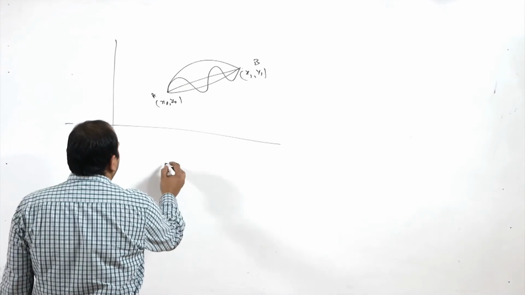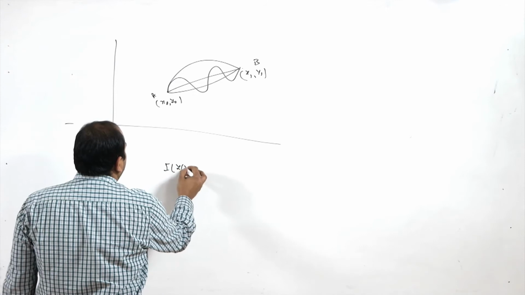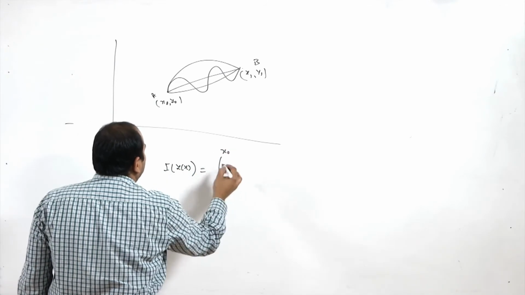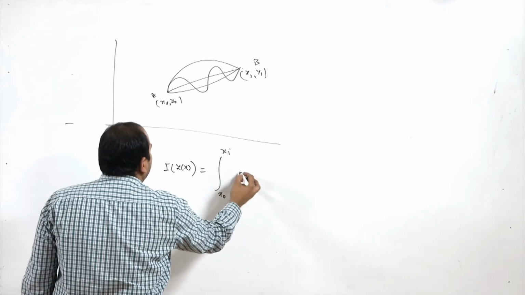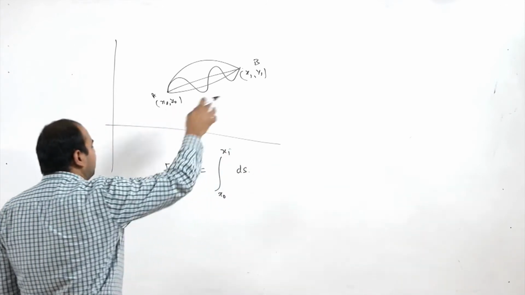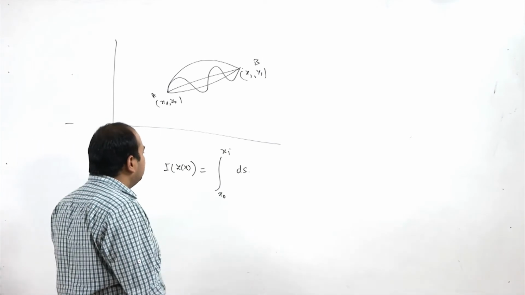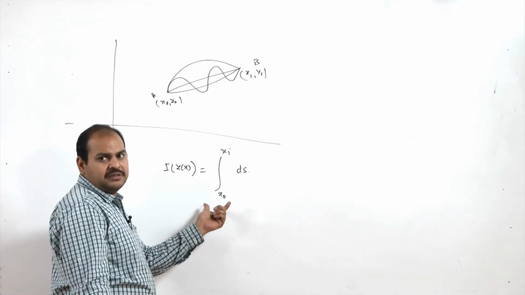What we want to define is a function which says that between x0 to x1, for every curve we have a length of the curve, and we want to find the curve which minimizes the length.